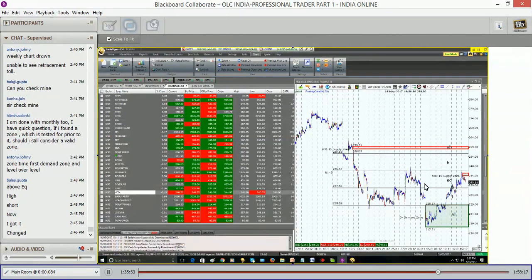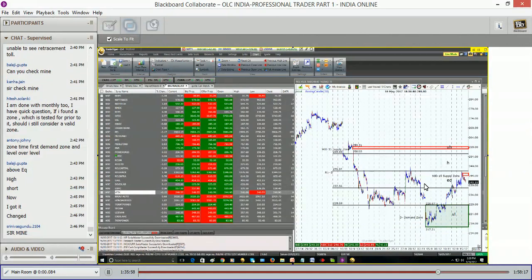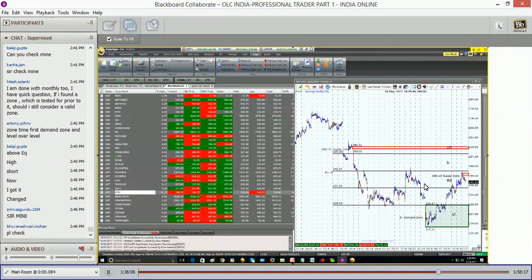Now can you go to the smaller time frame? Yeah, coming, Bhuvaneshwari. Coming to check.